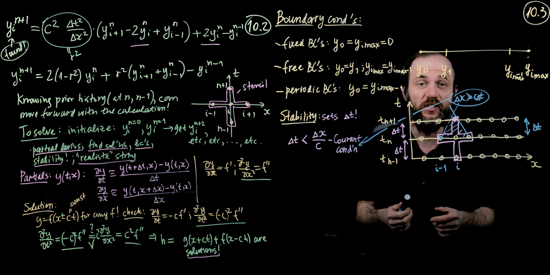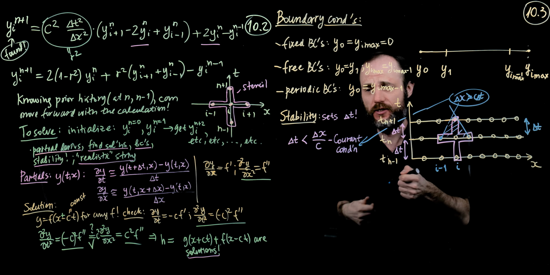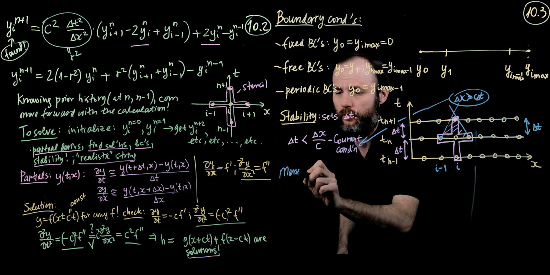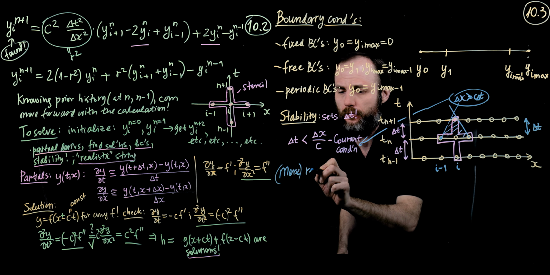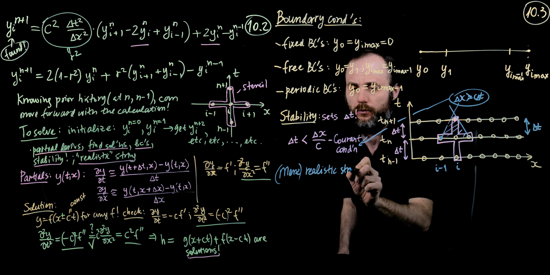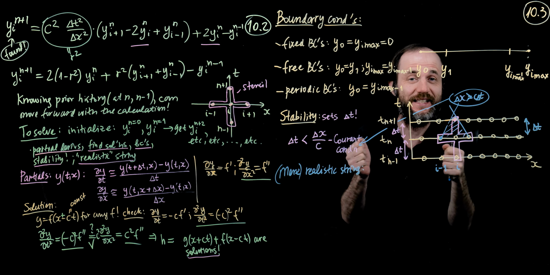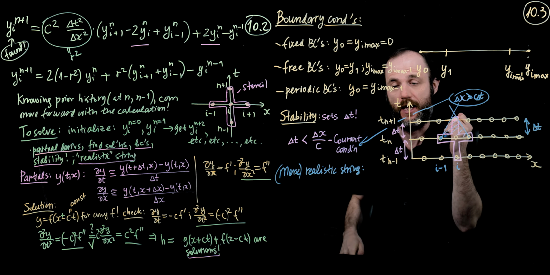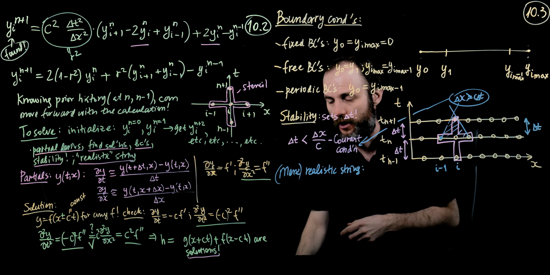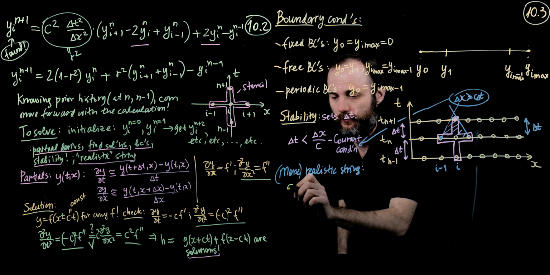Finally, let us discuss what we mean by a realistic string. Let's call it a more realistic string. Well, this is a string that has some stiffness to it, and we will introduce stiffness and denote it as a parameter epsilon.